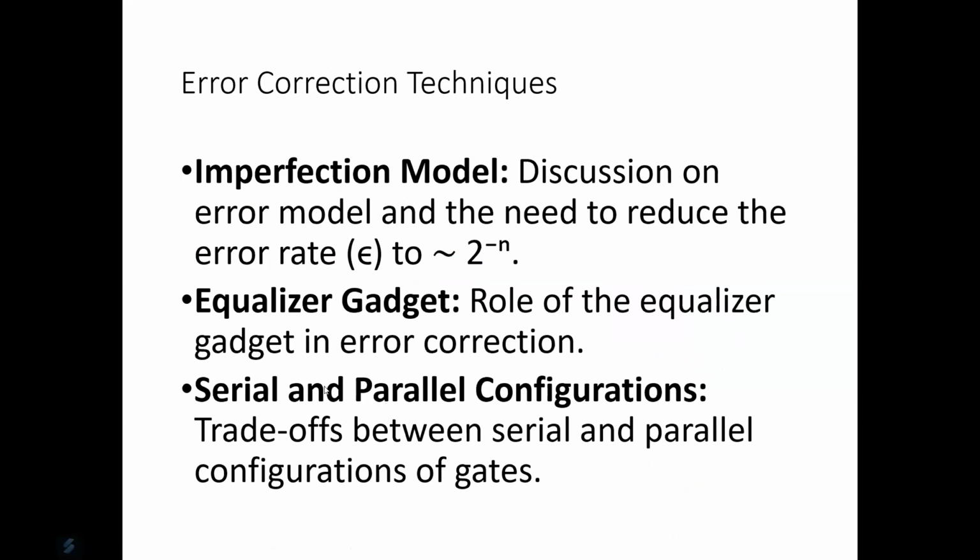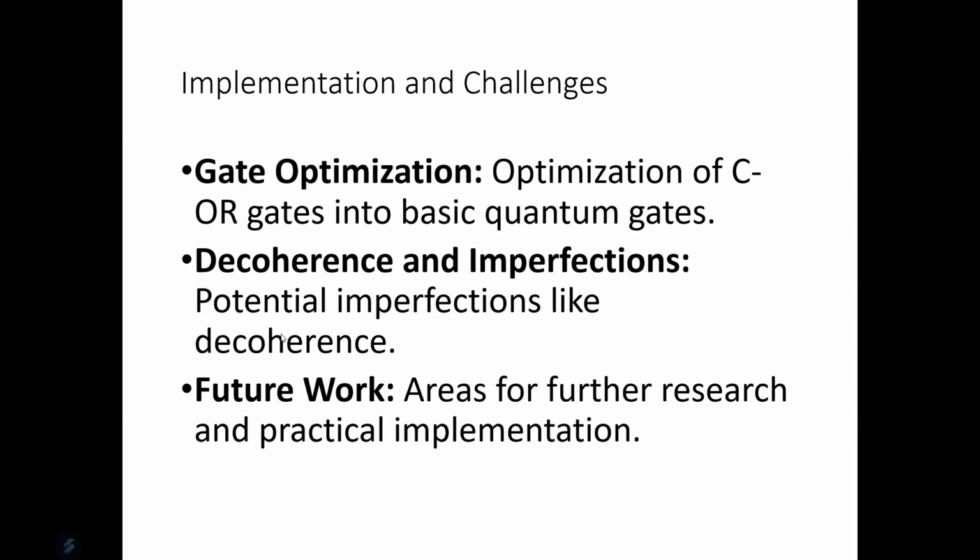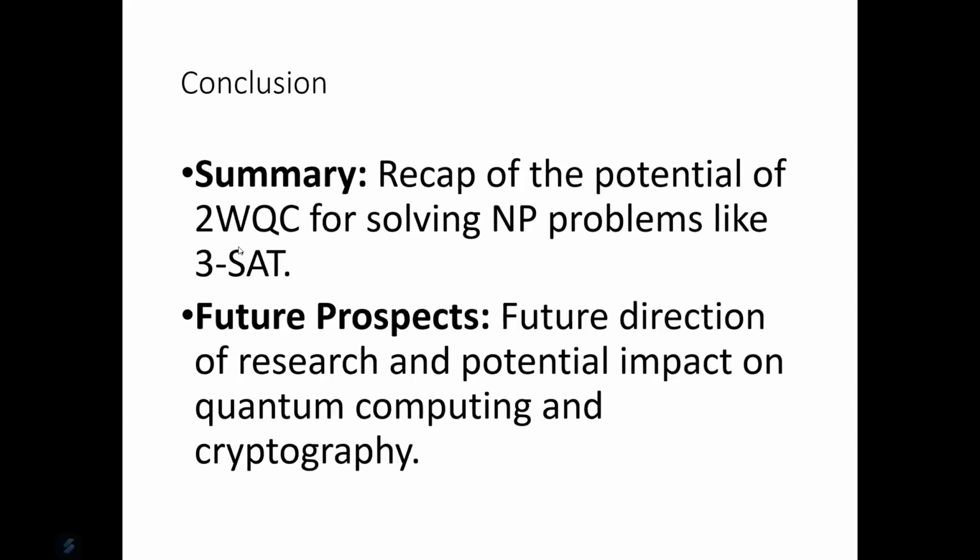So the imperfection model and the equalizer gate, I will explain again. The data optimization of COR gates in the two-way gates, decoherence and imperfection, and future works. This is the summary. I will recap the reset problems, and how 2WQC will be helpful in solving reset problems, as we said.